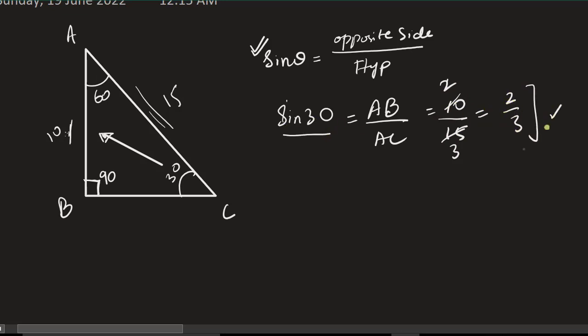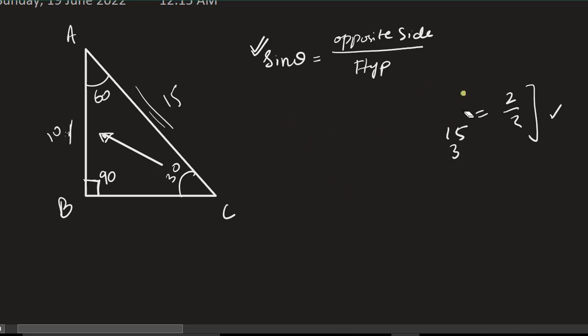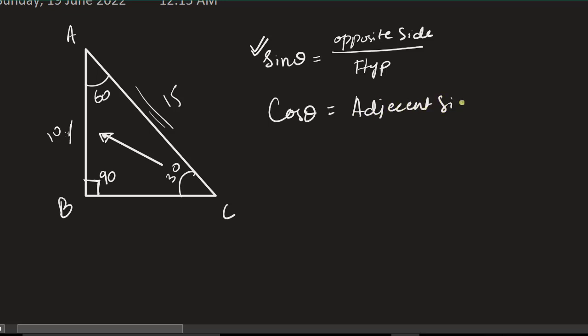Okay, and if it is cos theta, then cos theta is actually the adjacent side divided by the hypotenuse.